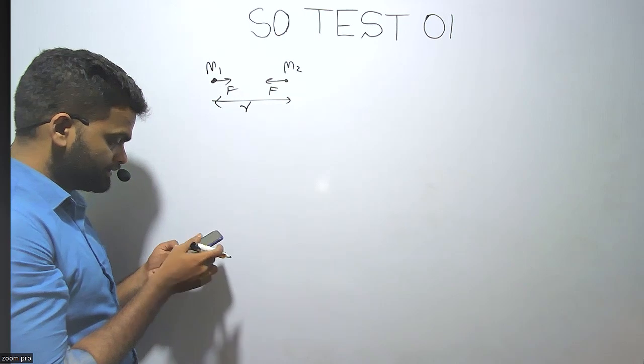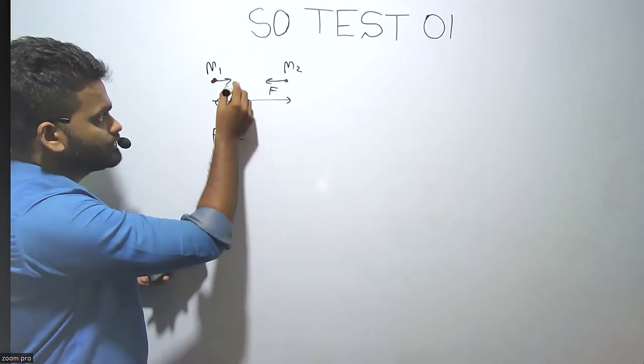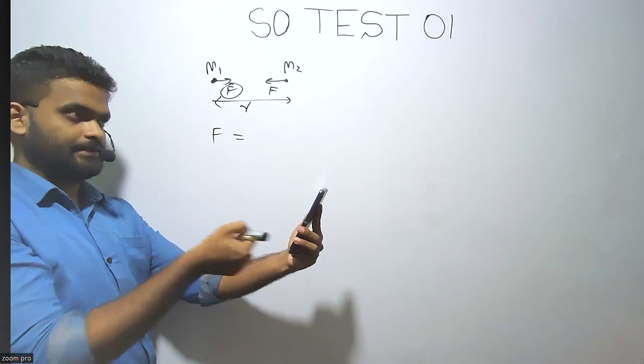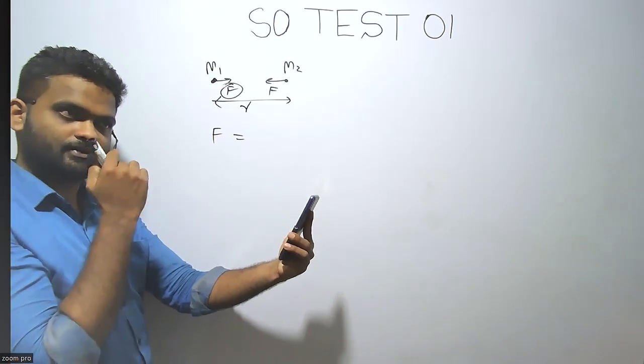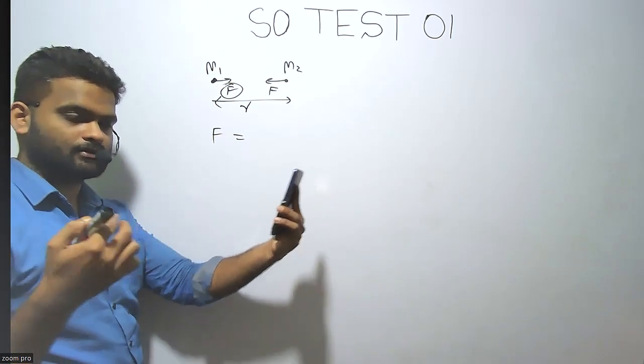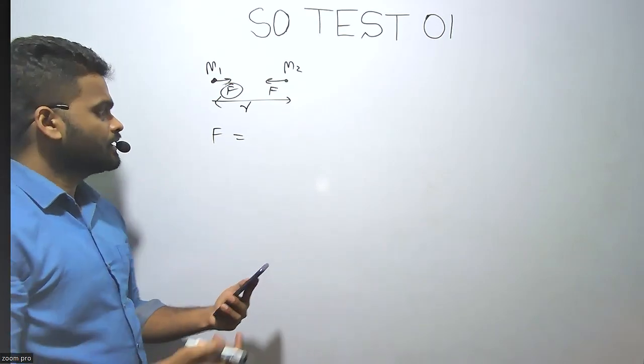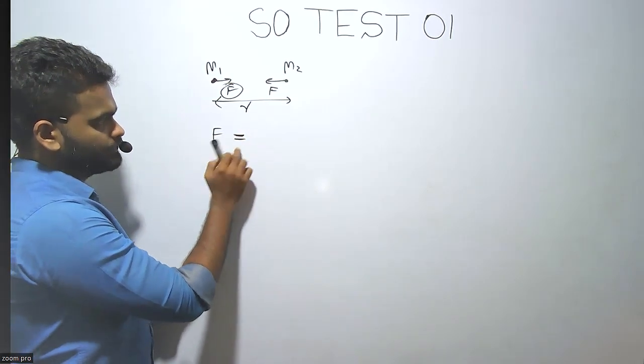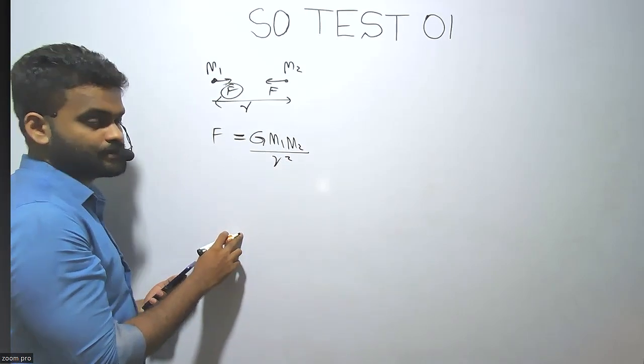Whenever there are two masses, there's an interactive force between those two. So that is how the planets and all those are held together, right? So we can quantify that using this equation.